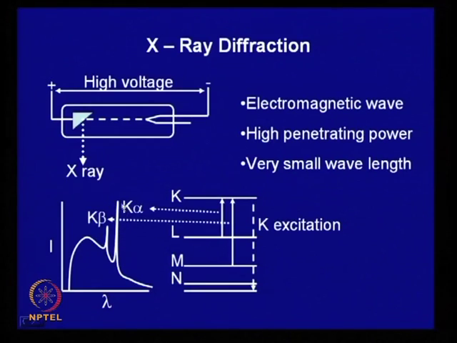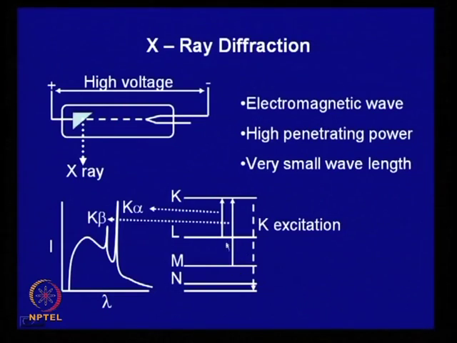These are the characteristic emissions from a metal when they are excited, because we know that electrons in metals are moving in different orbits, like K, L, M, N. Now, if this electron which is striking the metal target removes an electron from the K shell, then it goes to an excited state, it is unstable.